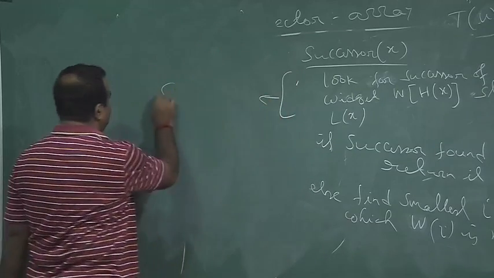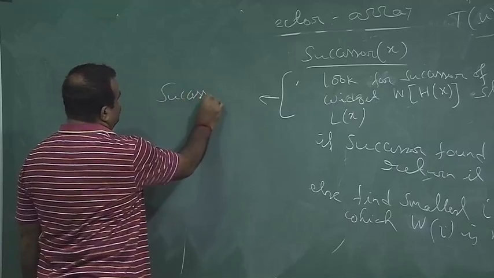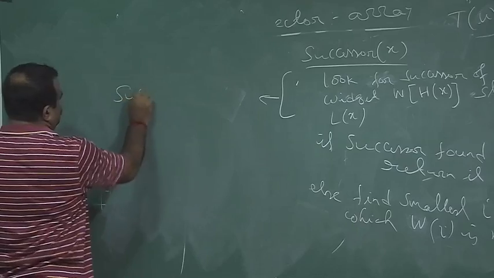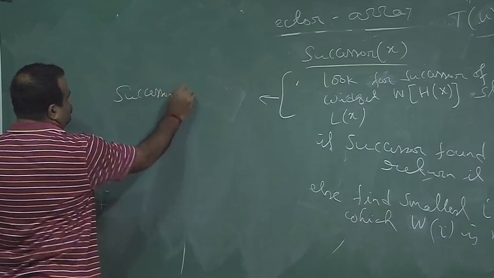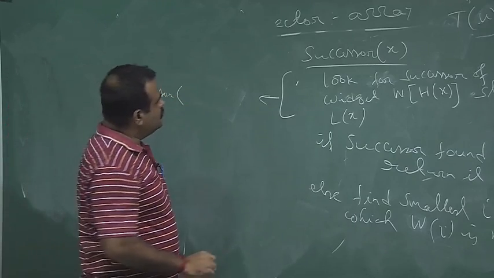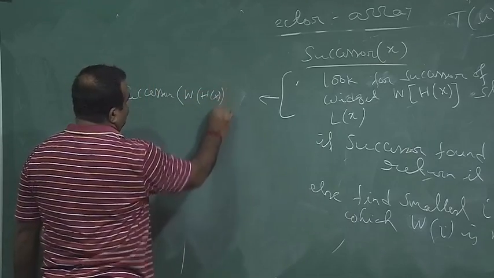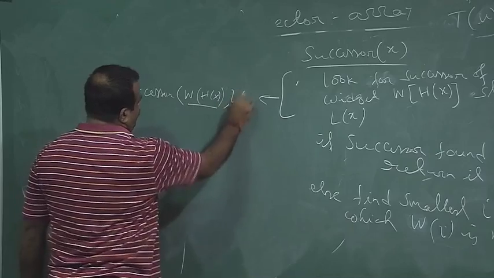What is the recursive version of this algorithm? So, this is basically successor of x in the W of h of x in this array after low of x.